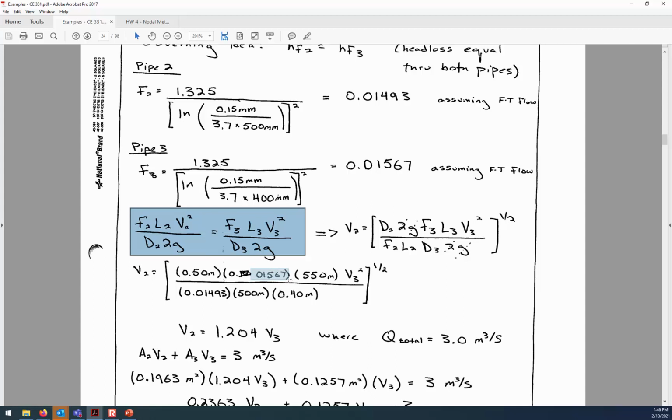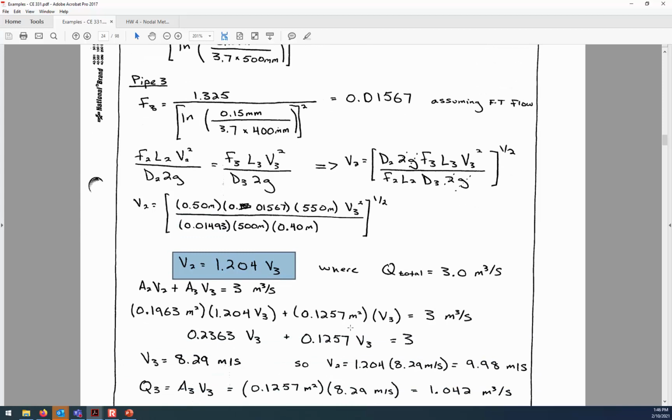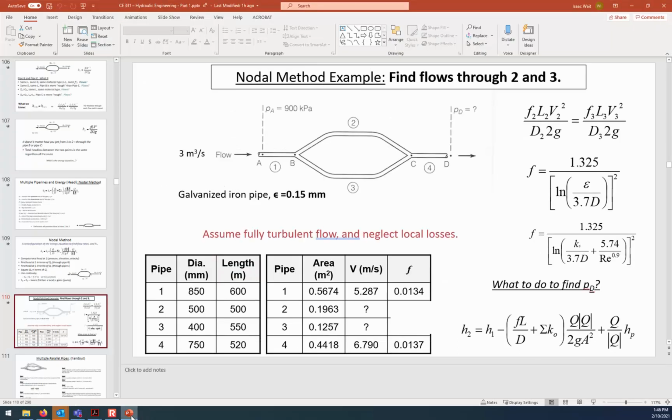We just put in the updated F value there, the updated F value there, and we'd get a slightly different ratio of velocity 2 in terms of velocity 3. And so it would subtly update the distribution of flow through each of those two pipes. That's the process for the nodal method. Any questions about that?